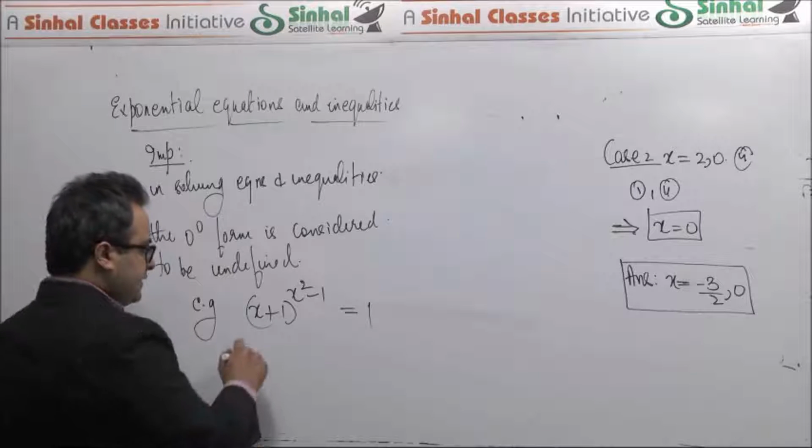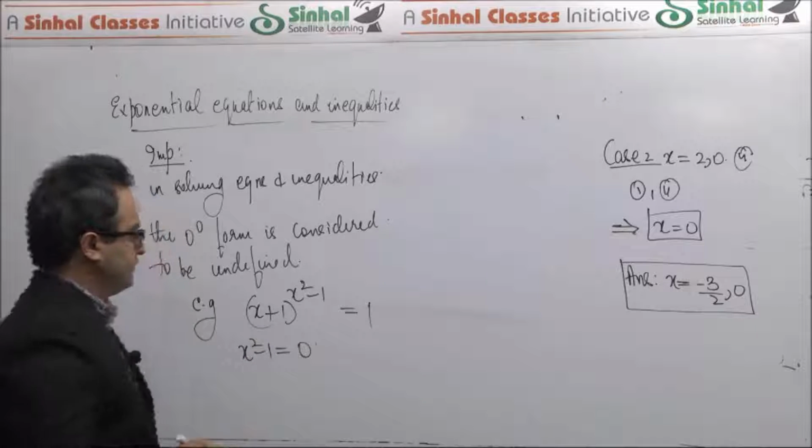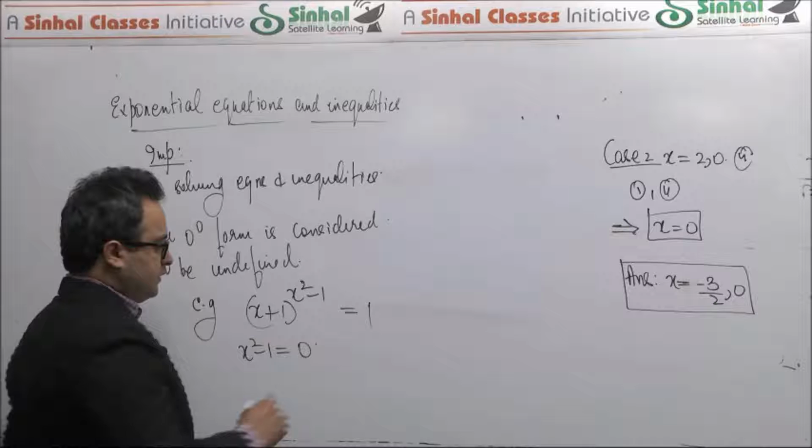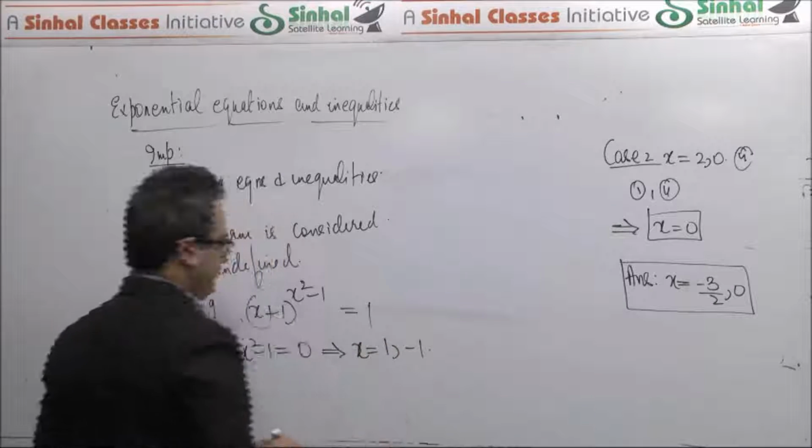Now in this question, if I say that x square minus 1 is 0, then that will give me my values as 1 or minus 1.